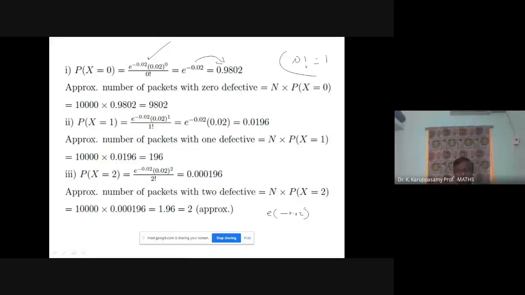So you get 0.9802 something. This is the probability for x equal to 0.